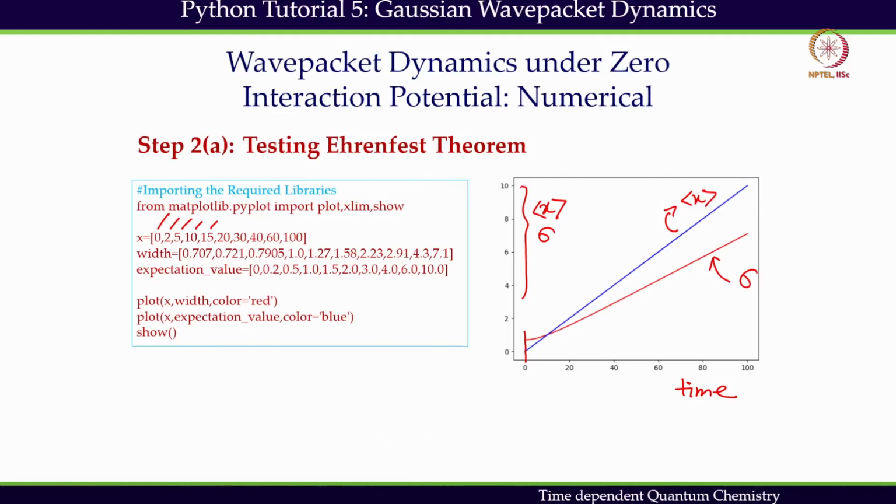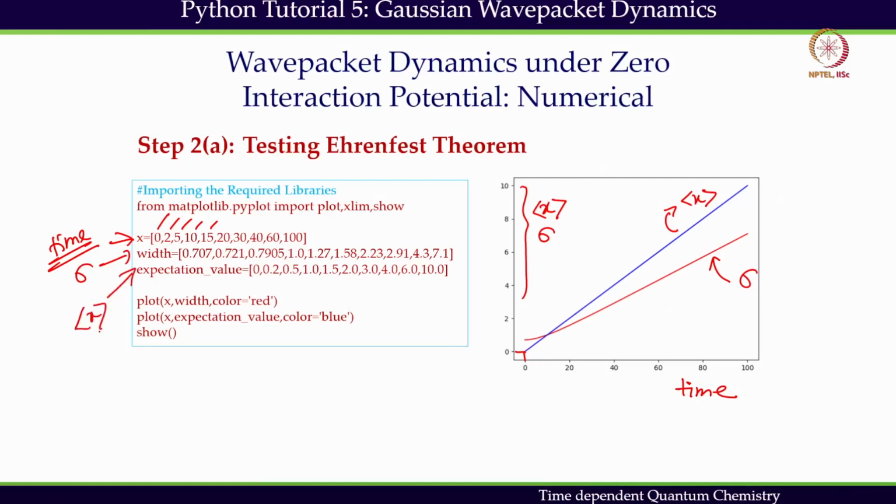What we see is that the blue curve at the 0 position is centered at 0. These are the points we get corresponding to x values. This is actually time, but we are plotting it. This is the way one can plot all these values. So this is time versus width, which is sigma, and this is the expectation value of x.